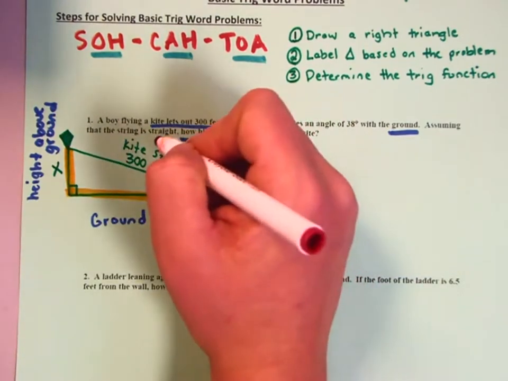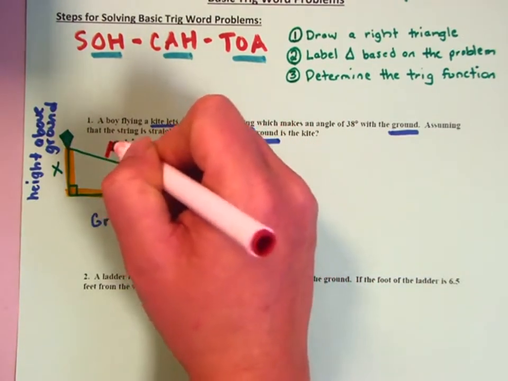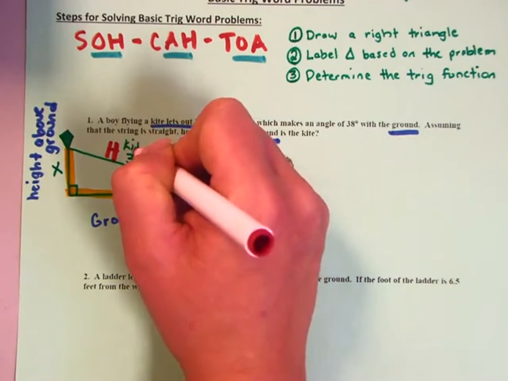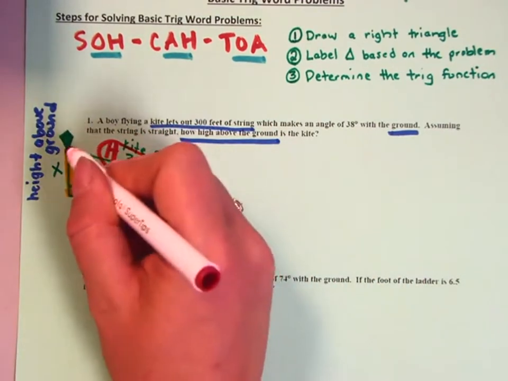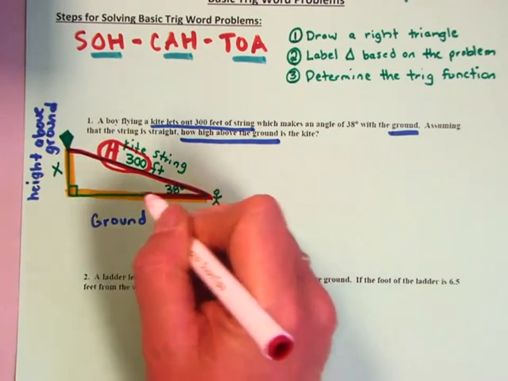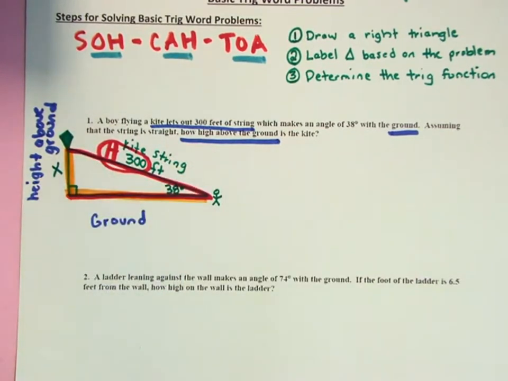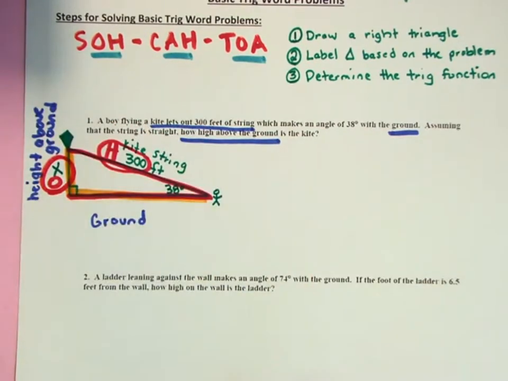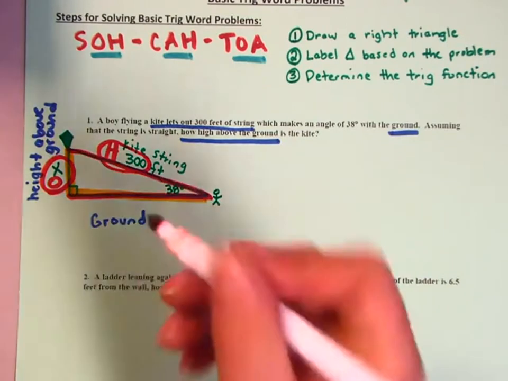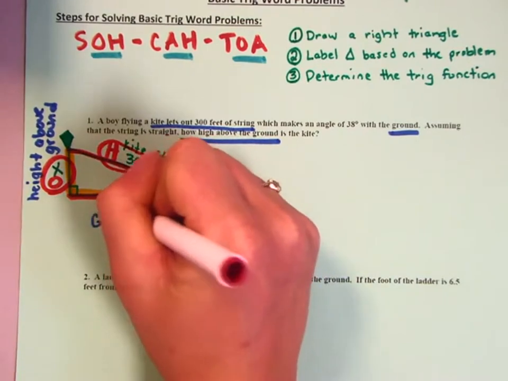The 300 feet, the kite string, is our hypotenuse. Okay, if we shade the two sides of the 38-degree angle, which side is our opposite? X. That means the ground is our adjacent.